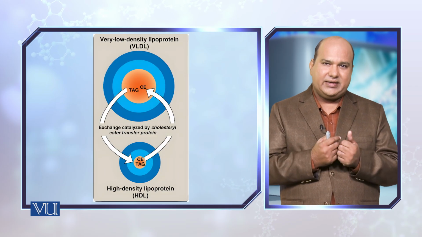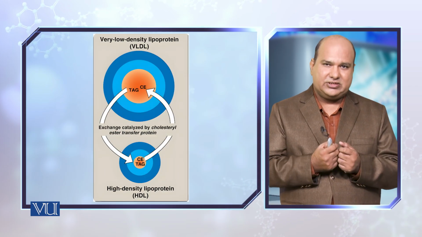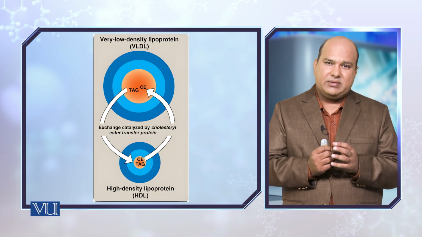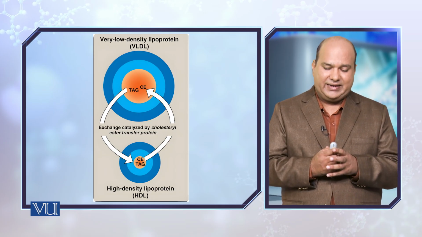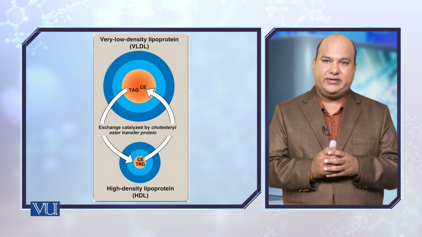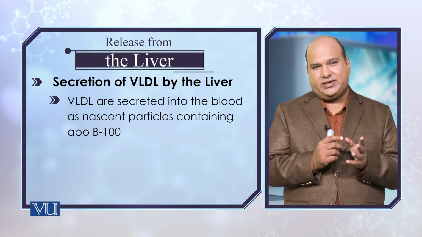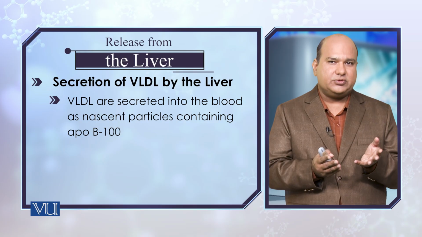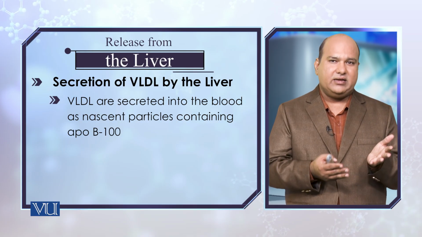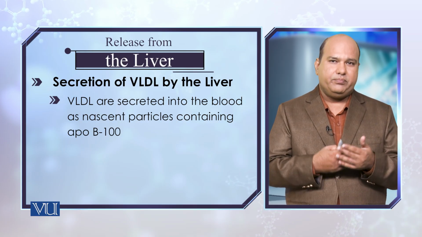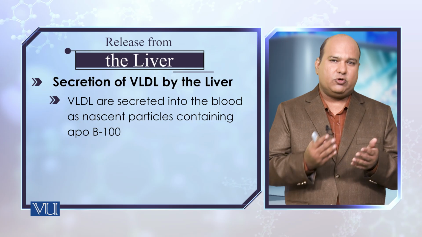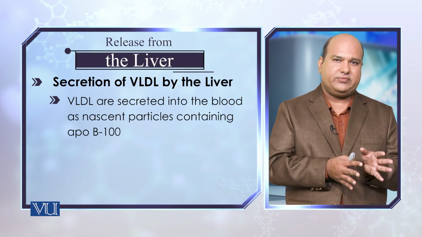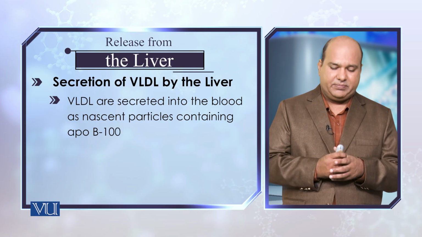Similarly, the VLDLs in their very early stage are in their nascent form, and the apolipoprotein they contain is ApoB100. In contrast to ApoB48, here it is ApoB100. Of course, you can understand why it is ApoB100, because the ApoB protein, which is encoded by the gene ApoB, is 100% of the same gene, not the 48%.